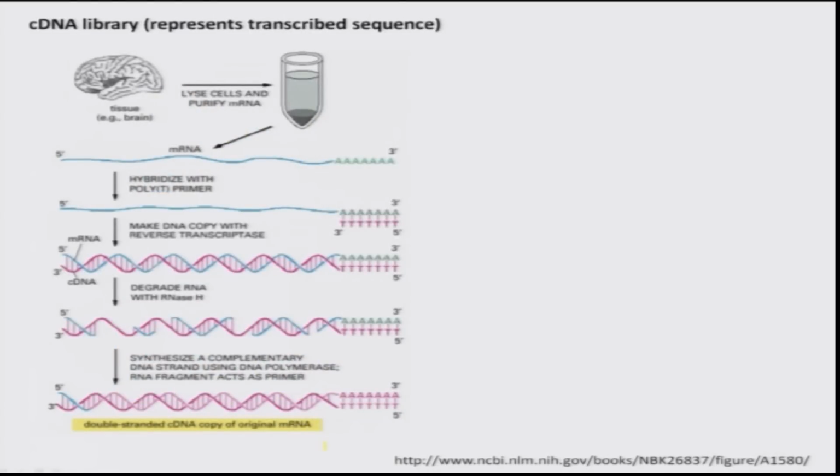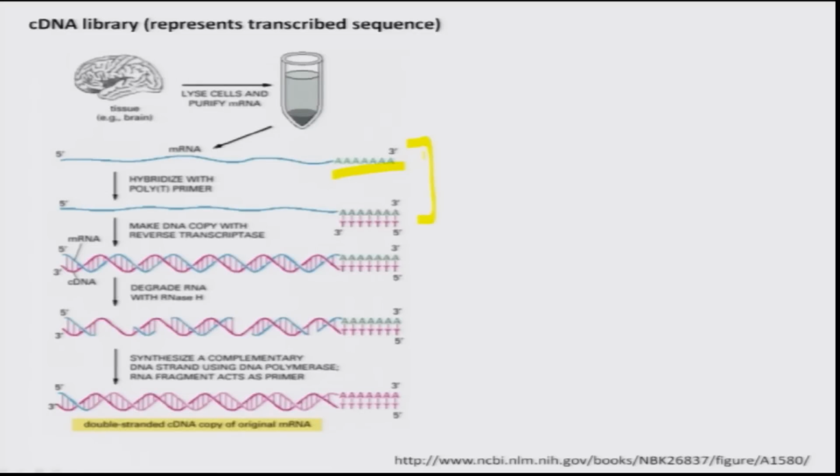A very similar approach is also used for making a library representing your mRNA, which you call a cDNA library, which represents the transcribed sequences. Here, your starting material is RNA, obviously. Whichever tissue you are interested in for understanding gene expression, you take that tissue and extract the RNA. Messenger RNAs have unique properties: most of them have what is called a poly A tail, which is a polymer of A bases, and we can use this sequence to make a complementary sequence.